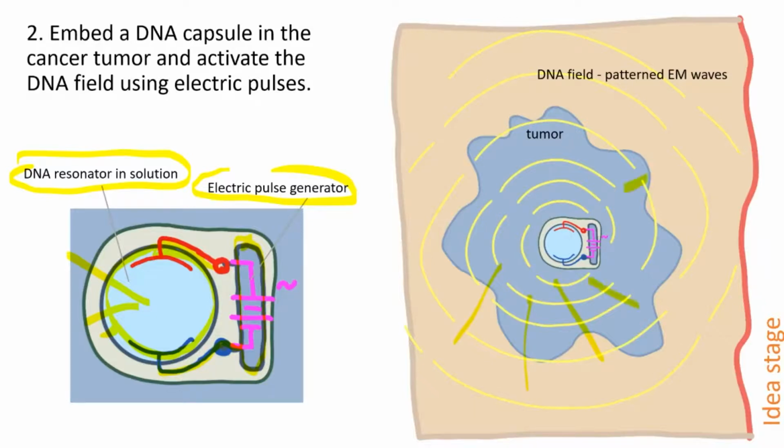They spread and tell the tumor to shrink. So here the capsule affects the tumor and commands it to shrink.